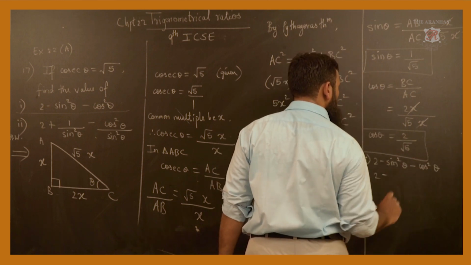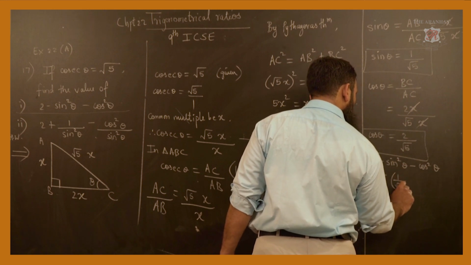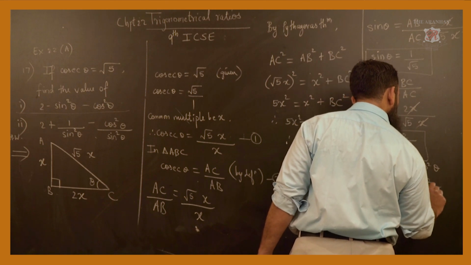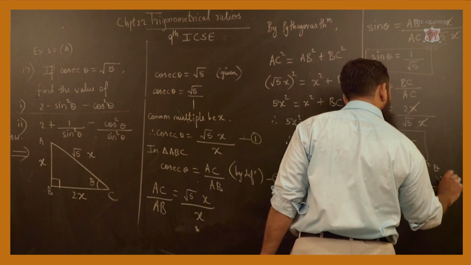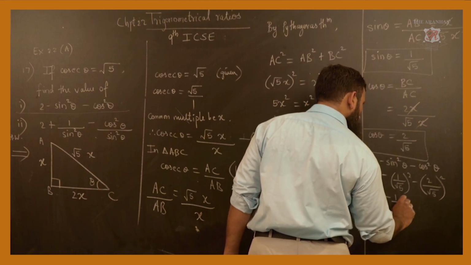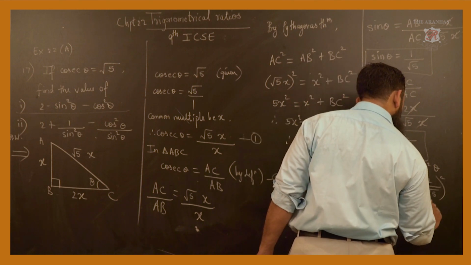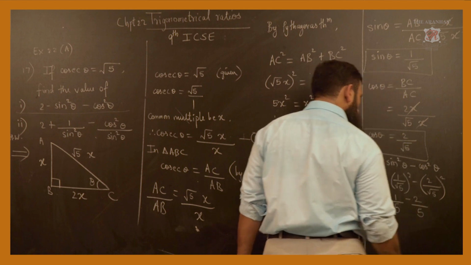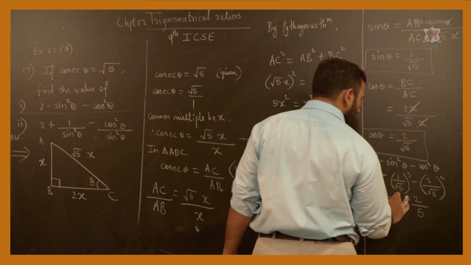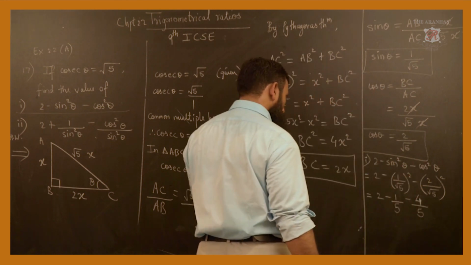So it will be 2 minus the value of sin theta, 1 upon root 5 the whole square, cos theta will be 2 upon root 5 the whole square. So it will be 2 minus 1 upon 5 and here it will be 4, by mistake I wrote.